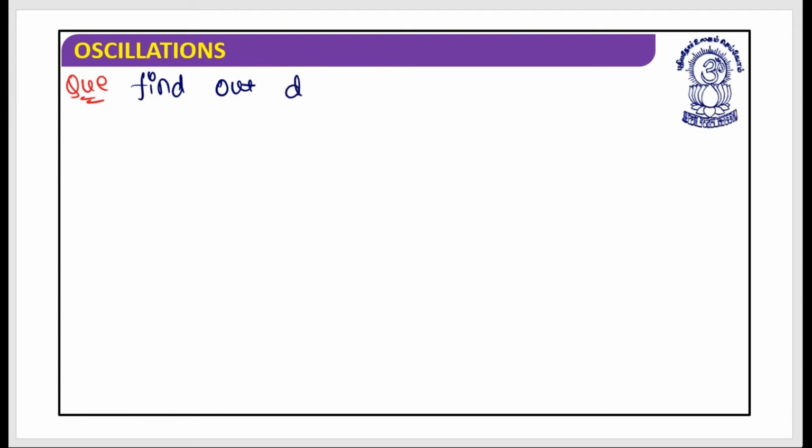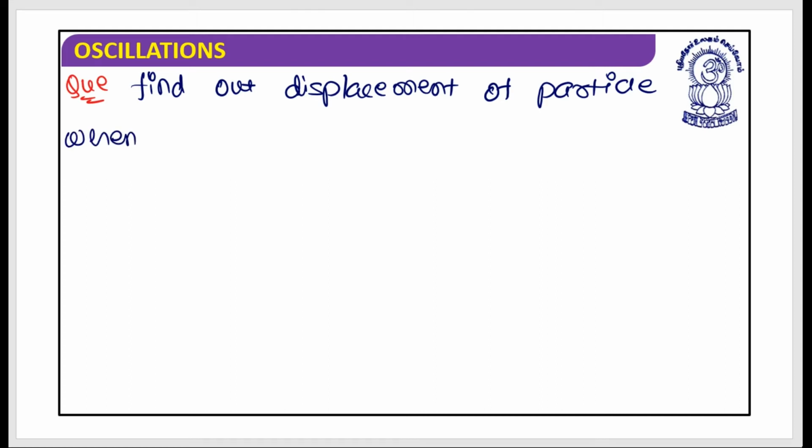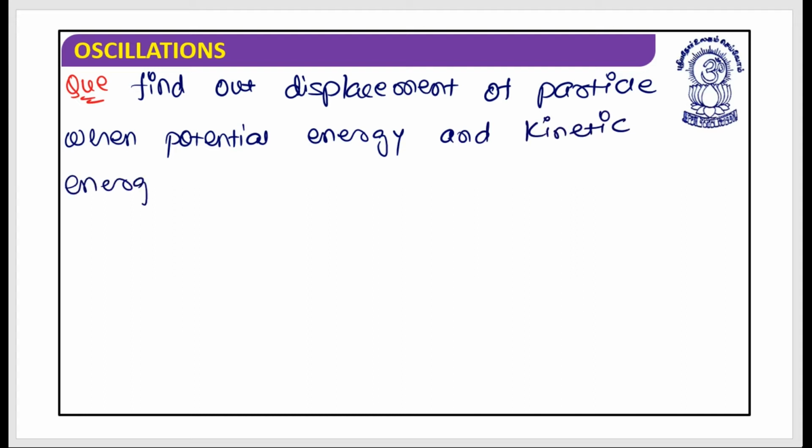Find out the displacement of the particle when potential energy and kinetic energy of the particle is the same.